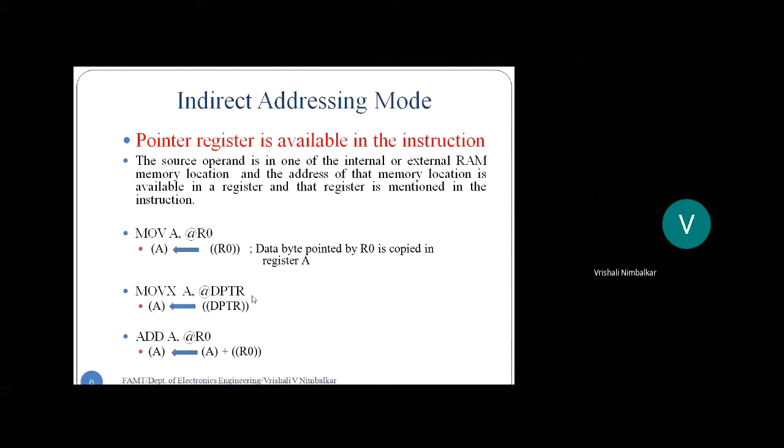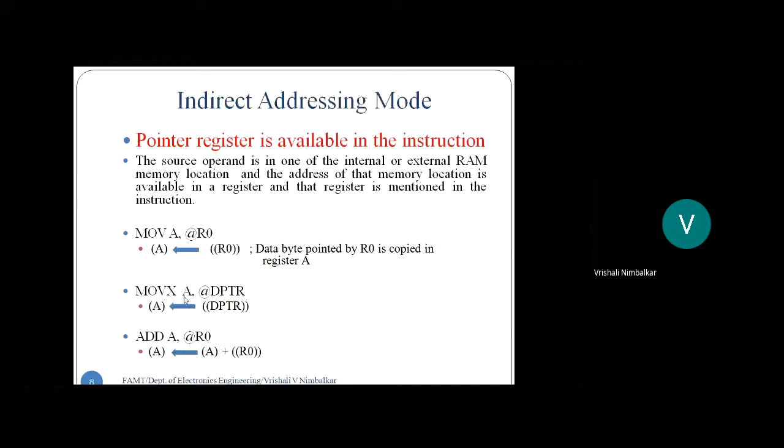Look at the second example. MOVX A, @DPTR. The source operand is a pointer. And who is the pointer? DPTR register. Correct? Now MOVX, X stands for external RAM. Only MOV stands for internal RAM data transfer. So MOVX, external RAM data transfer.